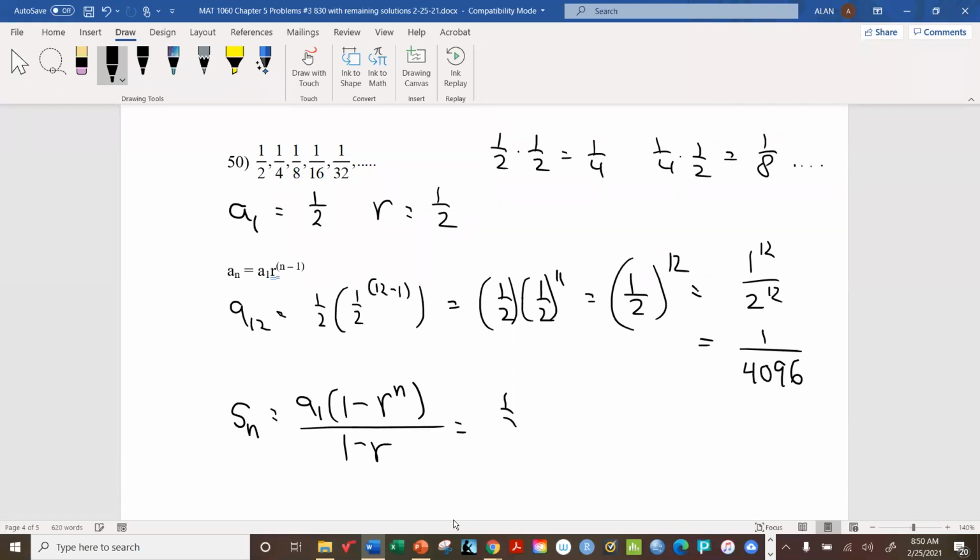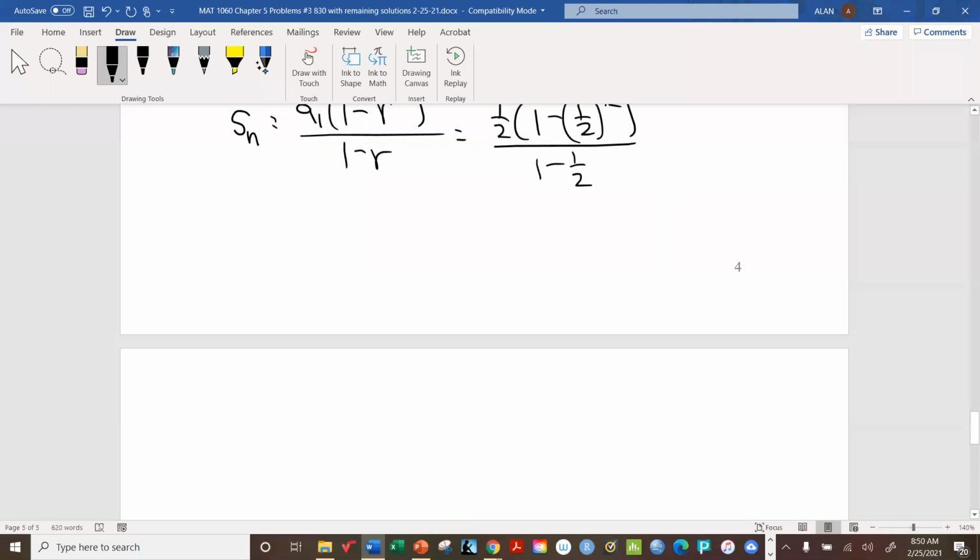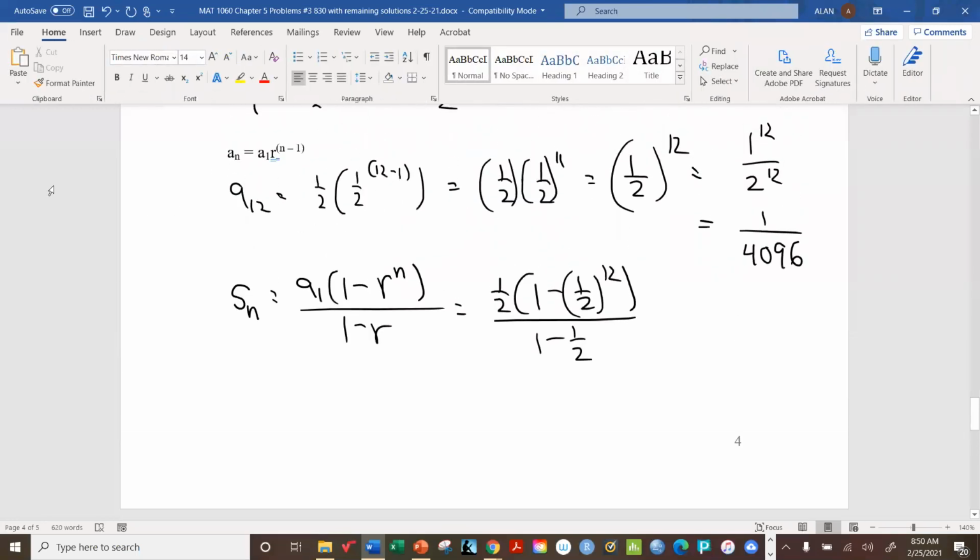So we started with 1/2 times 1 minus 1/2 to the 12th power, which we've already seen right here, equals 1/2 times 1 minus 1 over 4096, over 1/2.